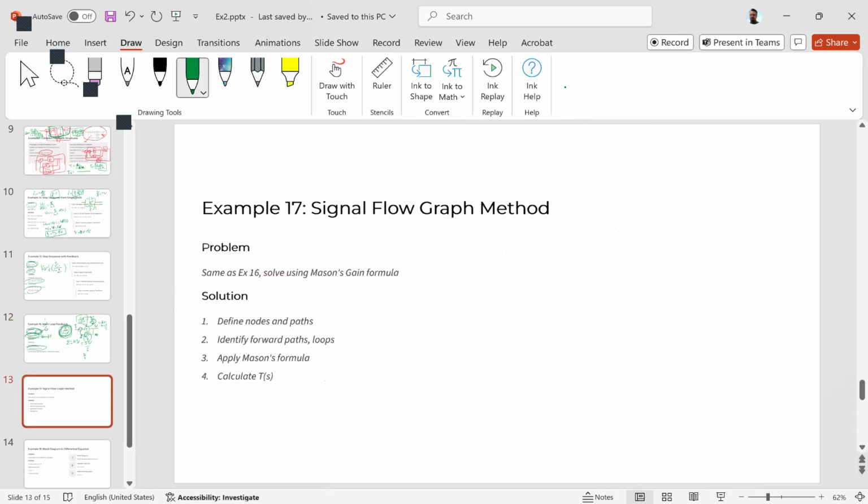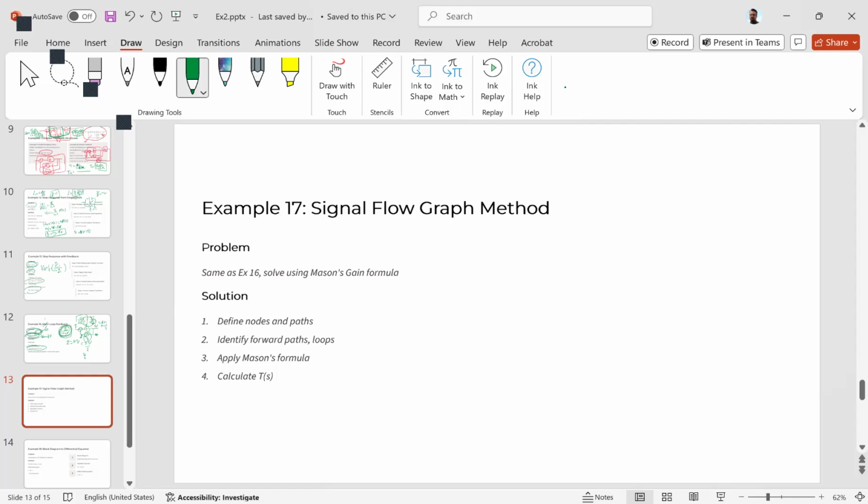Let's go to 17. Oh, we already passed time. Okay. I want to start the state space in the next session. So I encourage you to go over the file that I put on Canvas. You would go over example 17 up until example 20.